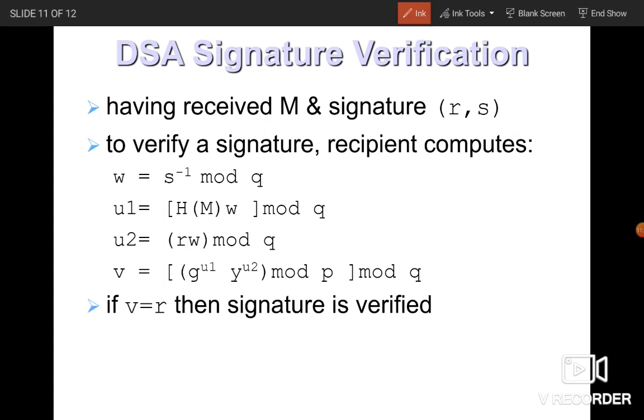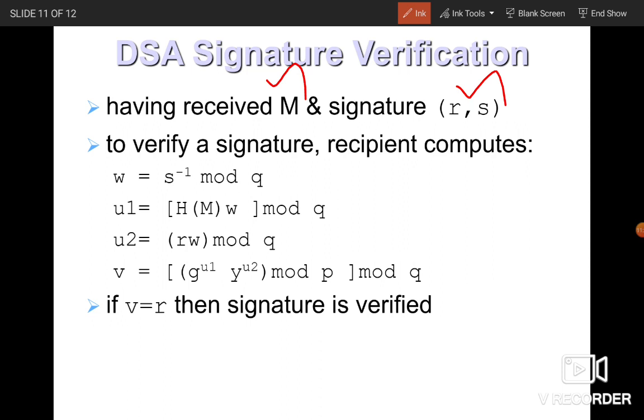At the receiver end, now we have the message as well as the signature components R and S. To verify the signature, the recipient should calculate 4 values: W, U1, U2 and V. So what is W? W is S inverse modulus Q. So S is one of the signature components. Okay.